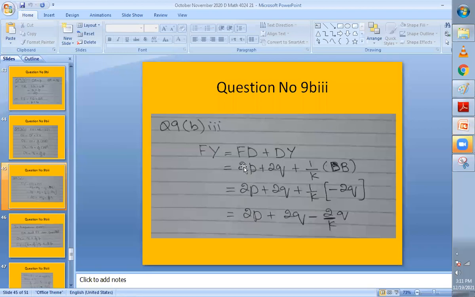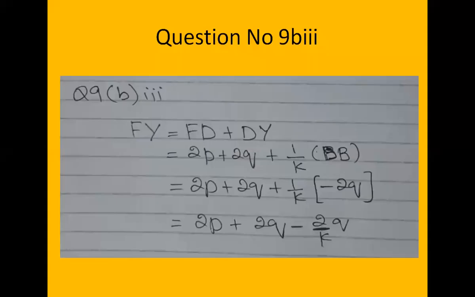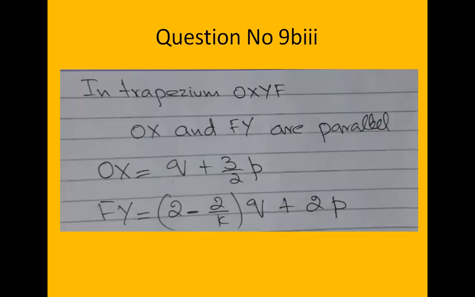So FY is equal to FD plus DY, which is 2P plus 2Q plus 1 by K of minus 2Q. So you have 2P plus 2Q minus 2 by K Q. So this is FY. Okay, now in the trapezium OXYF, OX and FY are parallel. They have to be parallel. So let me show you.